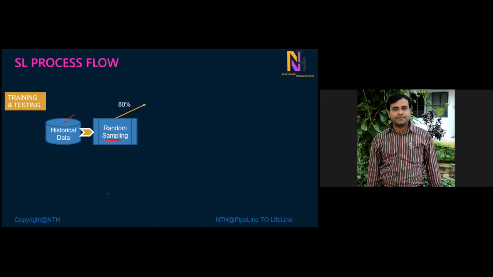This random sample is going to become the data, and 80% of it will be considered as training data. Afterwards, we are going to apply this training data set to the machine learning technique. Here we are talking about simple linear regression.